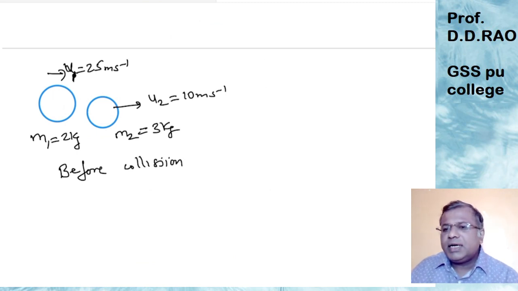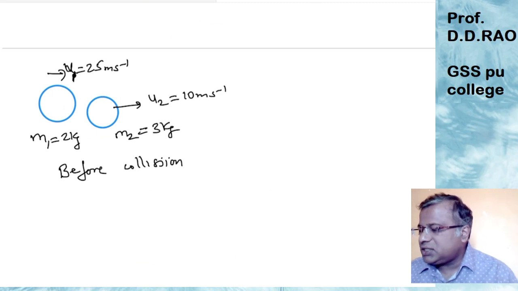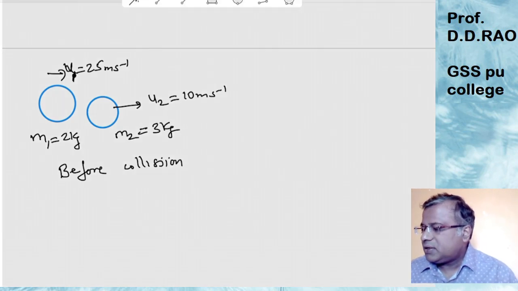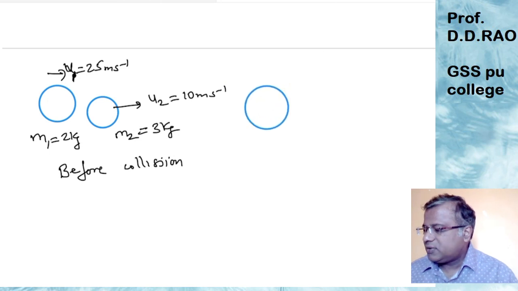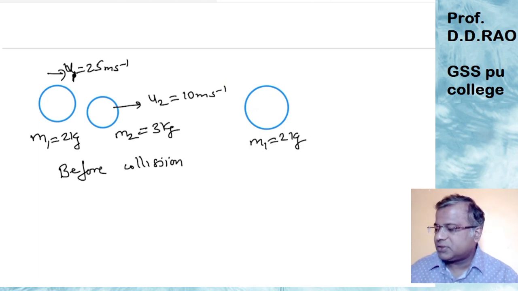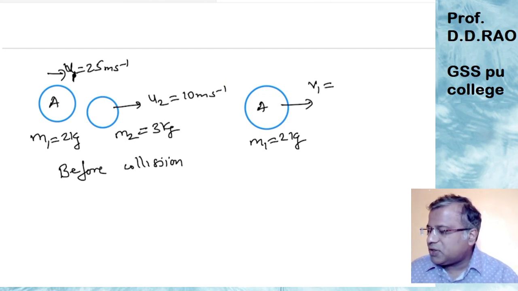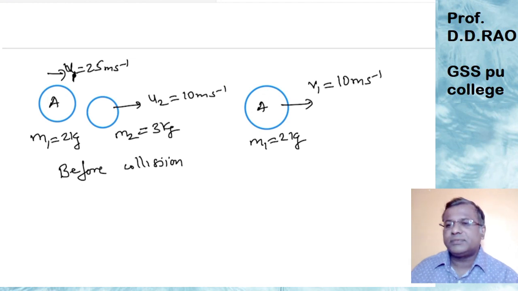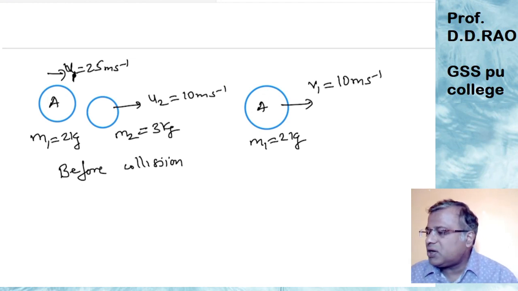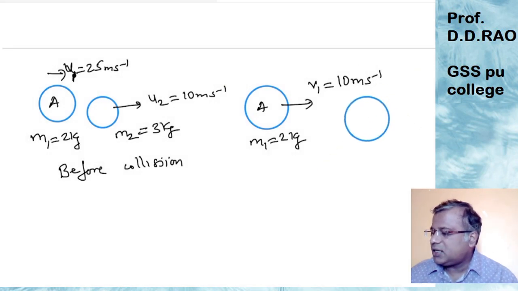Now let us see what happens after collision. After collision, object 1, which was having mass 2 kg, this is object A, started moving with a velocity of 10 meters per second. Then what is the velocity of this object B, the object of mass M2 which is 3 kg?